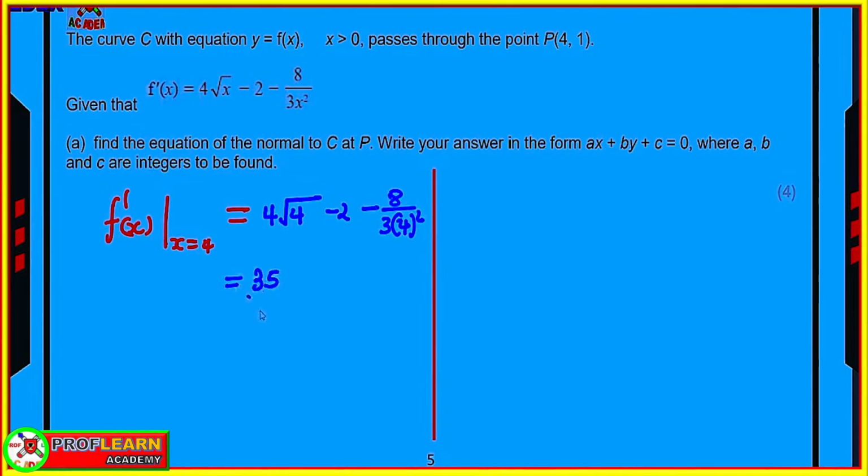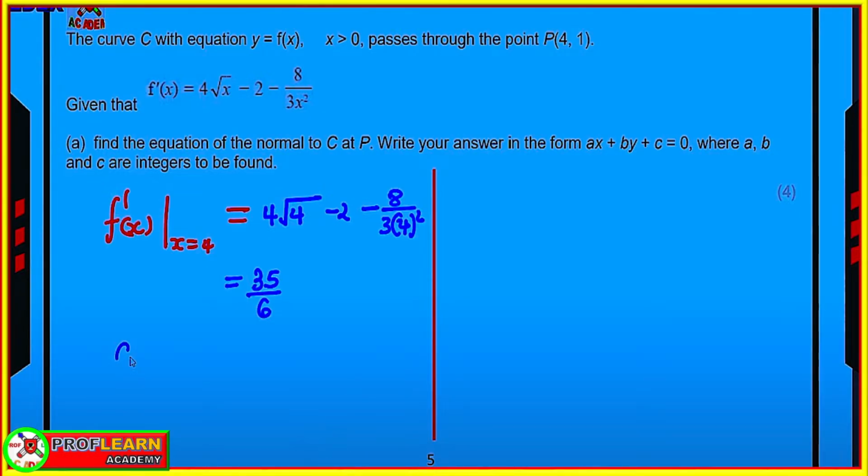So once we have the gradient of the function, we know that we are told to find the equation of the normal. If it was the equation of the tangent, it means we were to use 35/6 as the gradient of the tangent. But now, since we're talking about the equation of the normal, we need to know that a normal and a tangent meet at 90 degrees, so they are perpendicular.